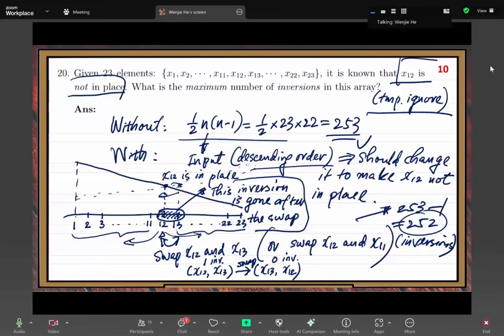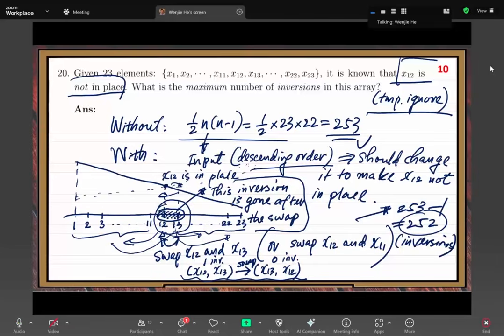If you consider x13 with the other elements, the relationship with other elements has no change. The order information has no change. The only change occurs between these two elements. And in these two elements, the inversion changes from 1 to 0.